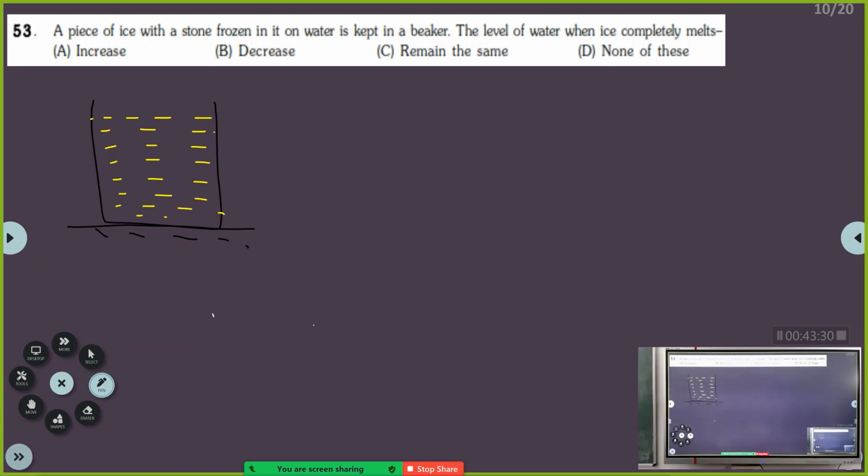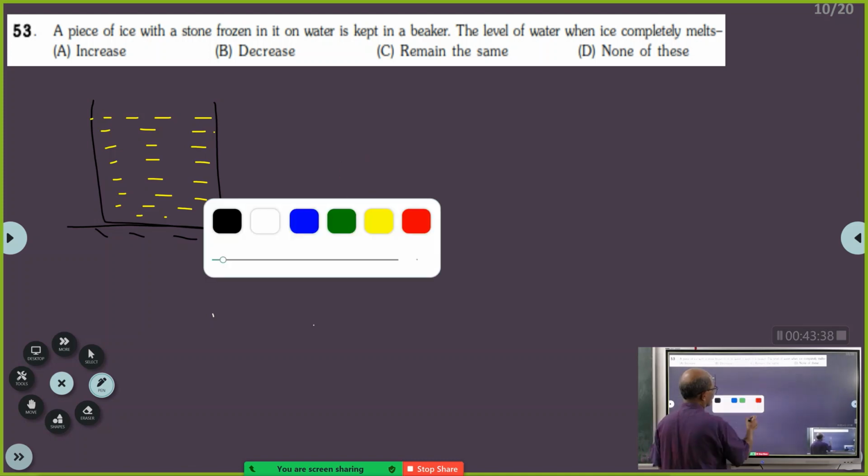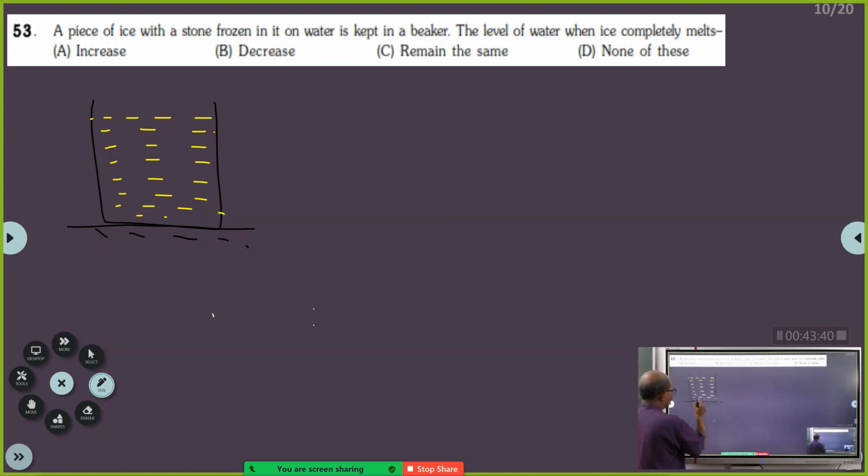Now you have got a stone frozen in it on water. A piece of ice. Very nice. So you have got a piece of ice, and then inside this there is a solid material.